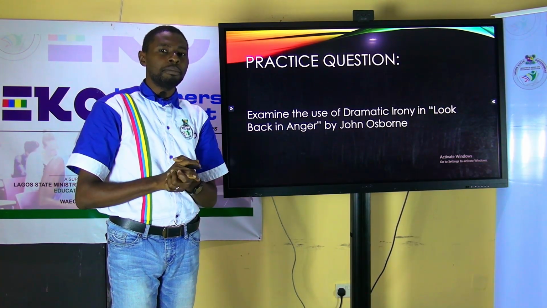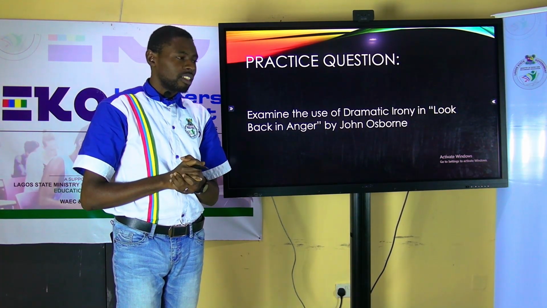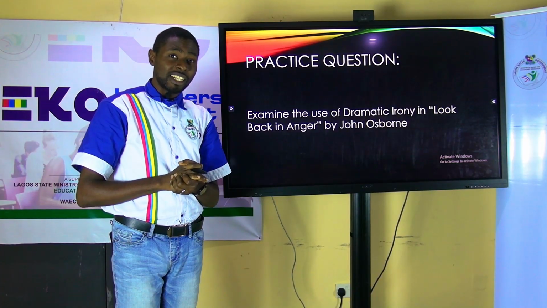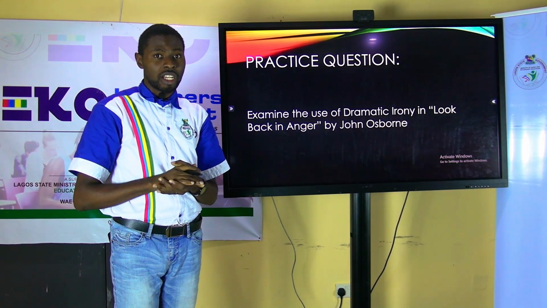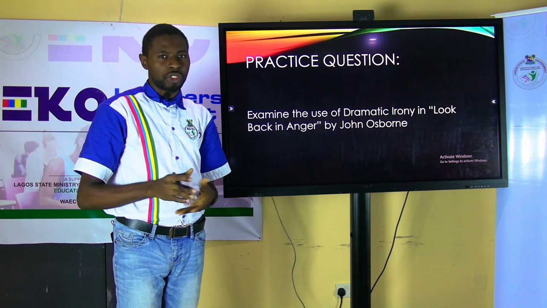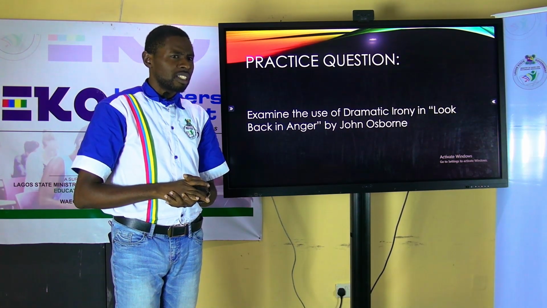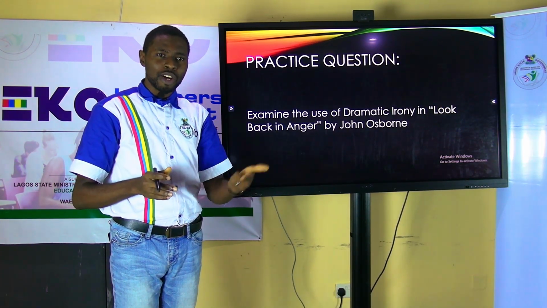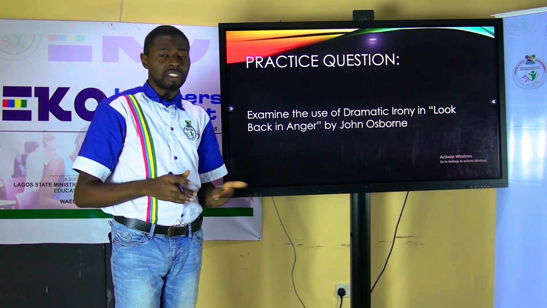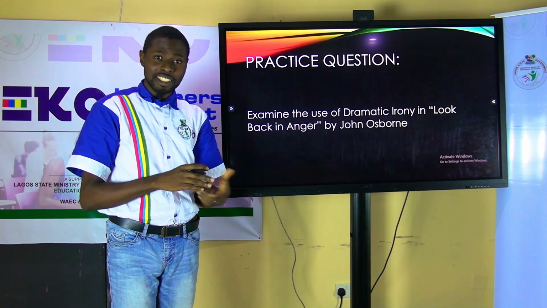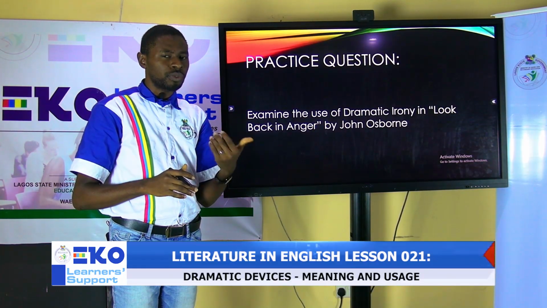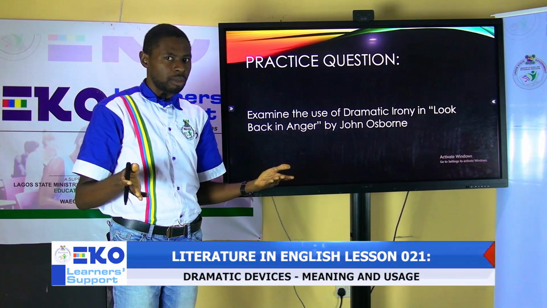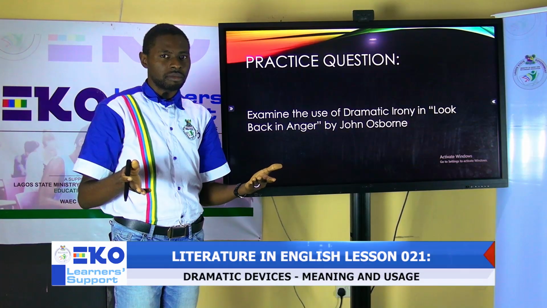Meanwhile, this same man, Jimmy, had been condemned by Helena earlier for his actions and inactions and his often frustration. And it's so surprising that the same Helena is now in a relationship with Jimmy and staying with him. That's a total irony. And that was used to foreground the theme of sexual immorality or infidelity.